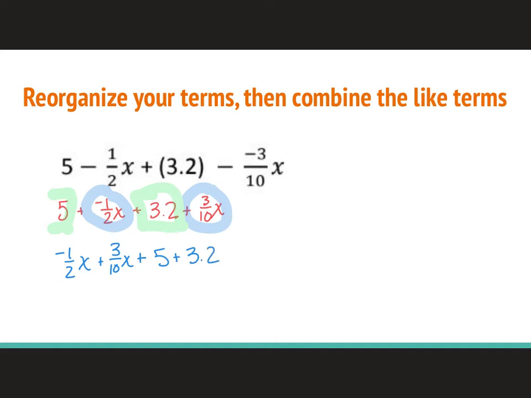And I use a calculator and put the coefficients in the calculator, negative a half plus 3/10, and I get negative 2/10 or 1/5, negative 1/5, sorry. So negative 1/5 x plus, and then I'm going to add these. 5 plus 3.2 is 8.2. And there we go. We've combined like terms.